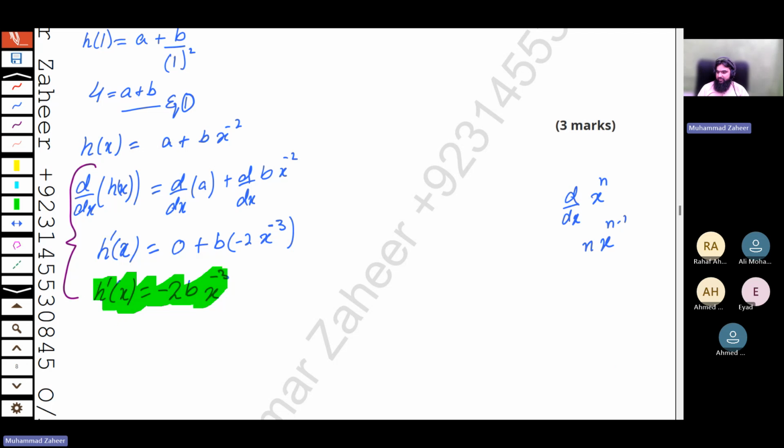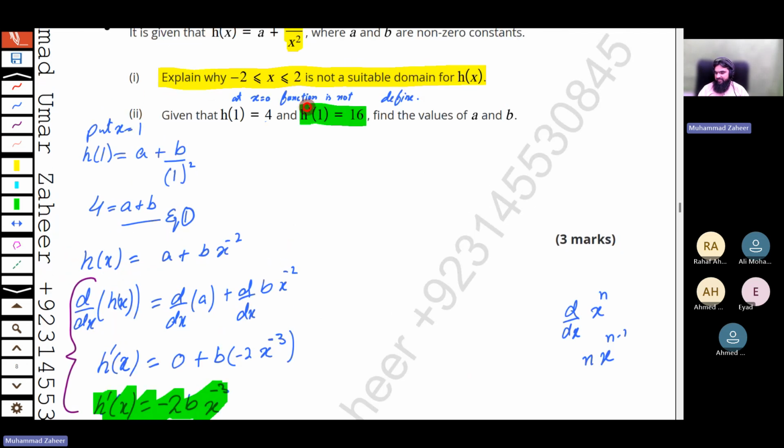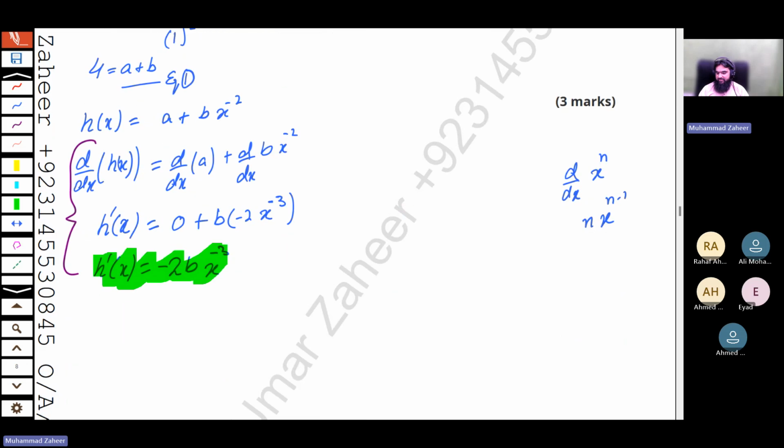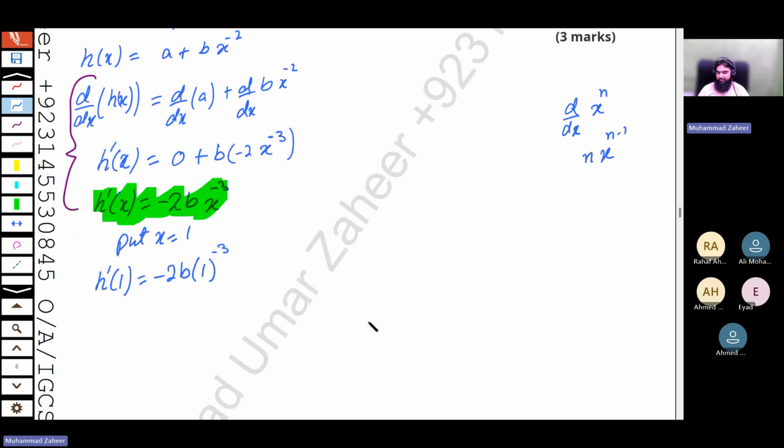Now we are going to get the function, because he says h dash of 1 is equal to 16. Dash means derivative. So now I'm substituting x is equal to 1. So h dash of 1 is equal to minus 2b into 1 raised to the power minus 3.